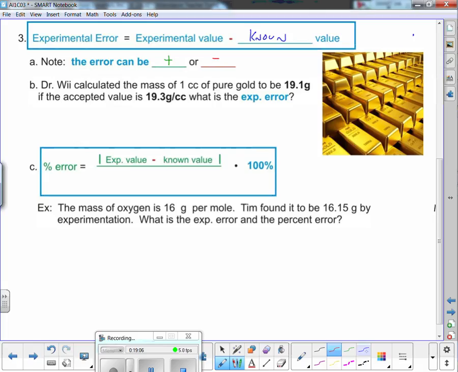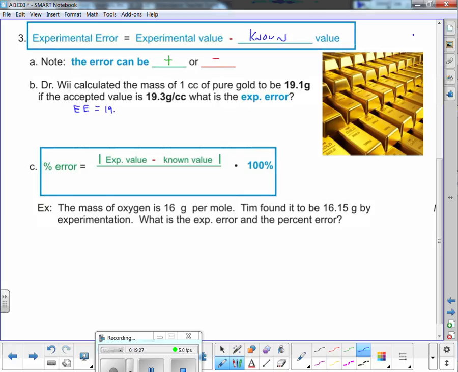Okay, that's not really hard at all if you just look at what we're dealing with. So experimental error, I'll go EE. What was his experimental value? What did he calculate? 19.1 grams.